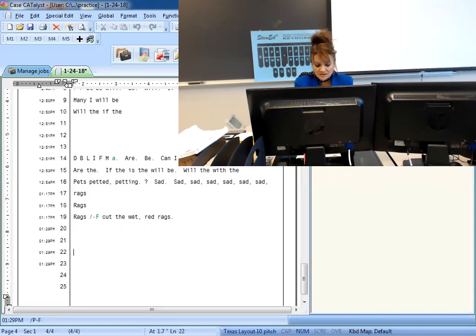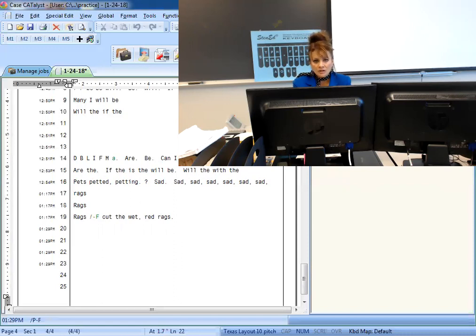Is the rug soft? A rat is with the cat. Is the cat with a rat?